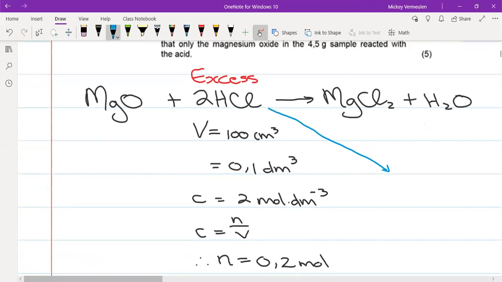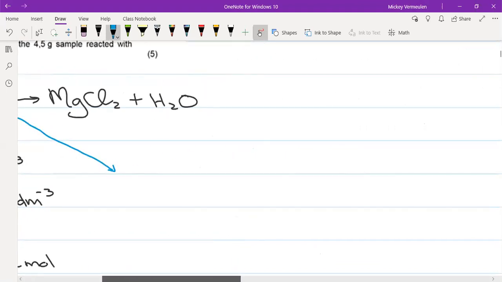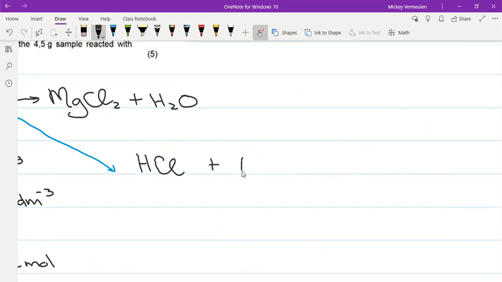So first thing, we have to write down an equation that represents that. So the hydrochloric acid that is left over reacts with sodium hydroxide and it forms sodium chloride and water.